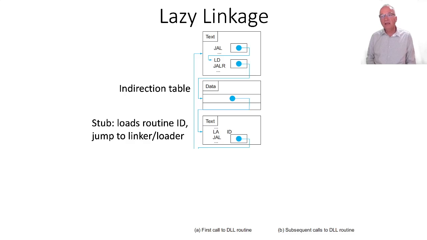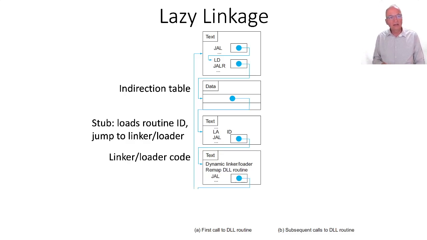By doing that, the first time that I do that, my indirection table will send me to a place where I'm going to be doing the linking. So I have a lot of work to do now. I have to load the routine's ID, and I have to do some work to do the linking, because I need to find where in this library is this function, etc. And then I will jump to the linker and loader.